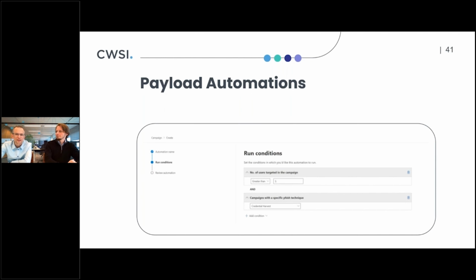So this easily expands the out-of-the-box payloads, I guess. Yes, exactly. And you can configure when a certain phishing email will be caught by the payload automation capability. So if one user in your organization gets a phishing email, it won't be caught, but if, for example, more than 5 users get that phishing email, you can catch it.